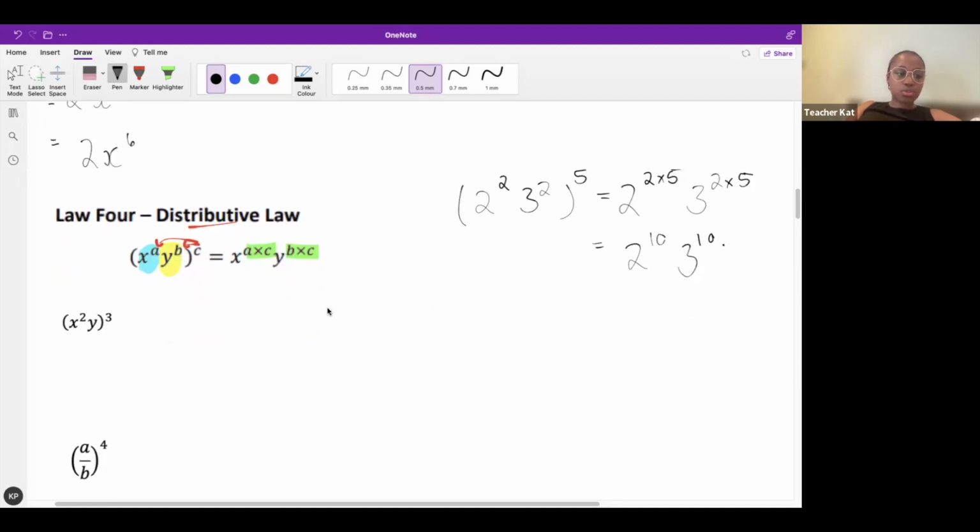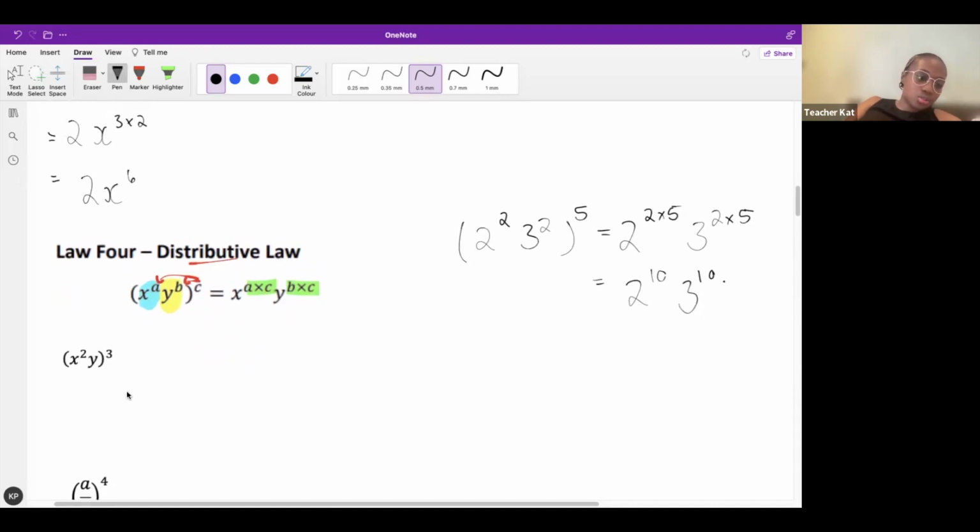Now let's do the first one. This will be number D. So this will then be distributing my exponent of 3 to x and y, which means it will be x to the power of 2 times 3 and y to the power of, if there's no exponent then what is my exponent? 1.